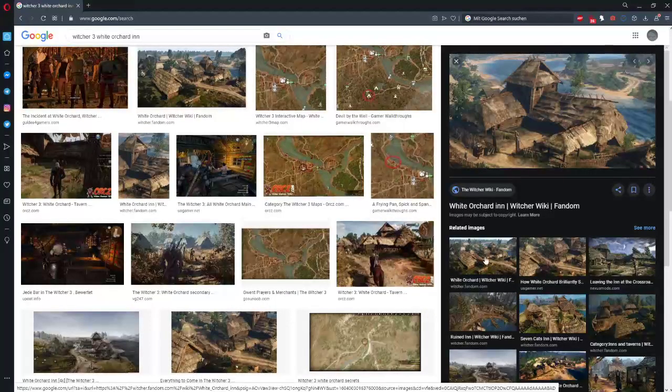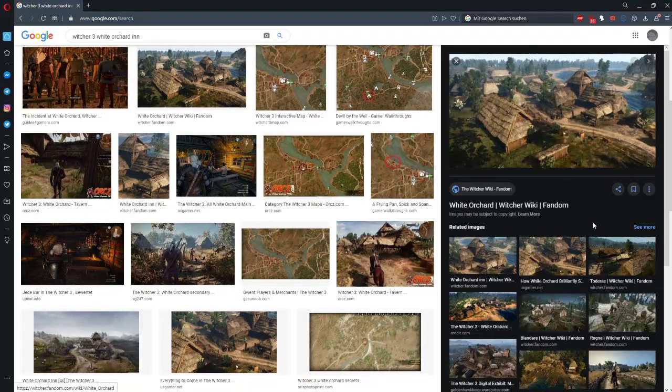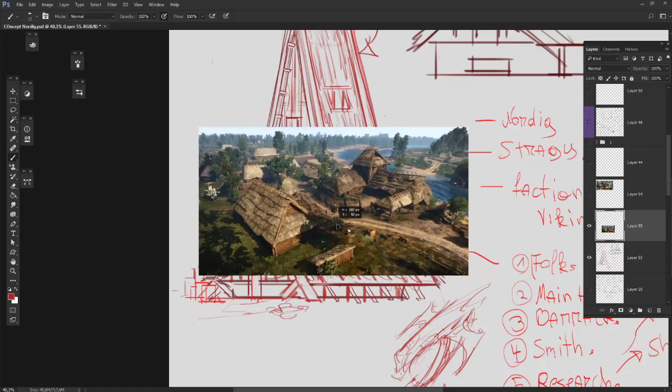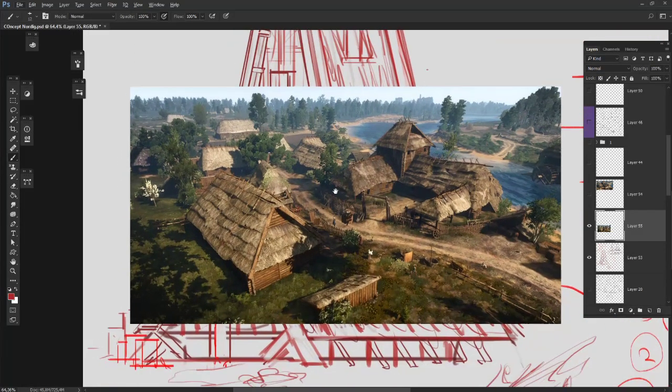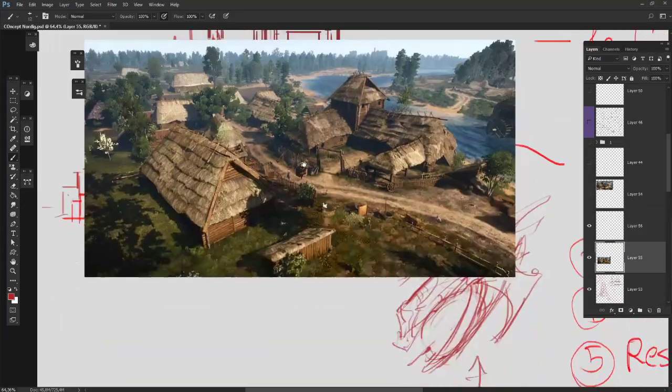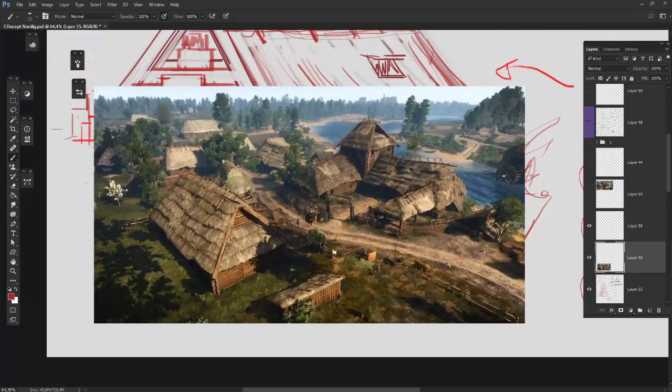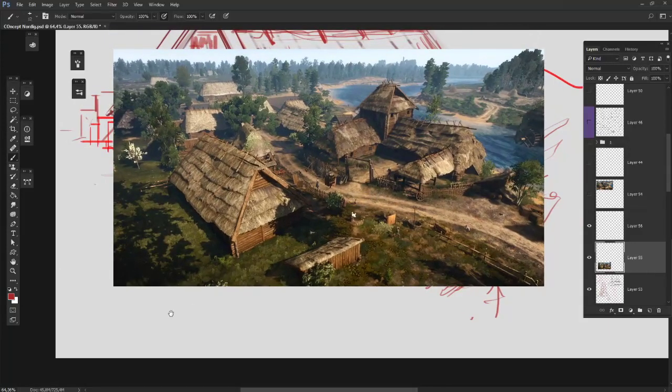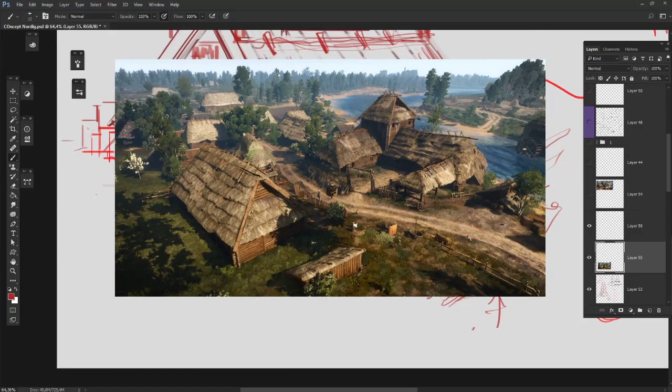So the next thing, White Orchard, is really interesting because, and that's based on medieval stuff, it has so much value. And this is design outside in, and what I mean is that form follows function and function follows form.